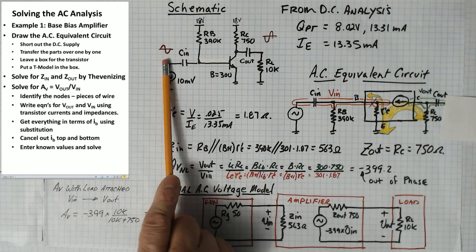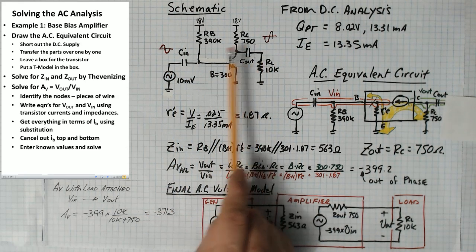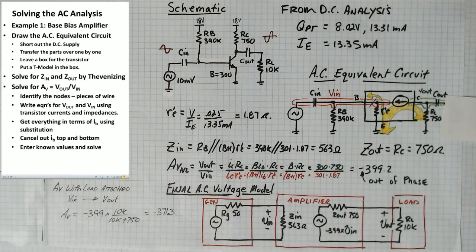If I put in a positive sine wave, I get an inverted sine wave out of it. So when this is 1 volt, this thing would be putting out minus 400 volts. Obviously it can't do that with 18, but it puts out a negative voltage because it's out of phase with what's coming in. So now we've got Z in, we've got Z out, and we've got AV.